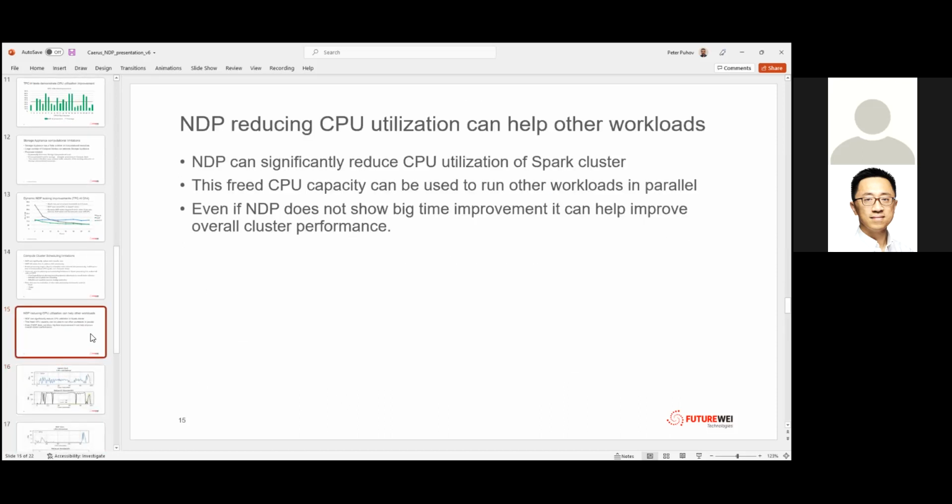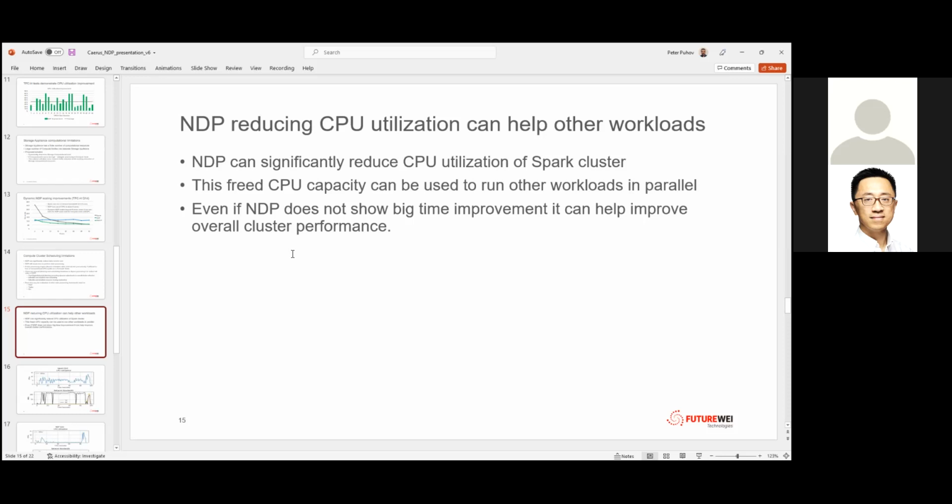Now this one is an important thing: reducing the CPU utilization can actually help other workloads use those CPUs when they are running in parallel with that particular query. That freed CPU capacity can be used for other workloads.